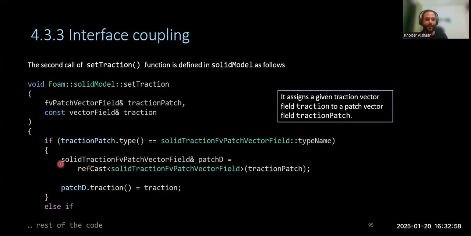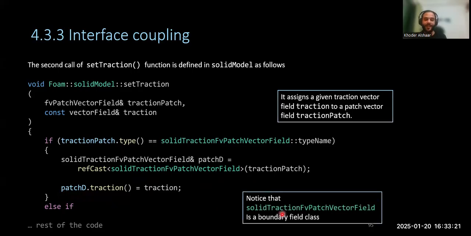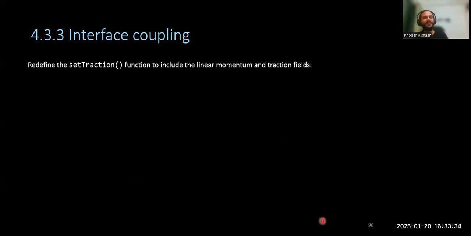So see here, here we have solid traction, finite volume, and we have traction patch, which will be recast to a solid traction field. And it will take the traction that we had from the fluid forces and assign it through a traction function on the patch ID, which is basically a boundary field class. I hope this makes sense to you. Otherwise, I will just move on and you can ask me later on about it.